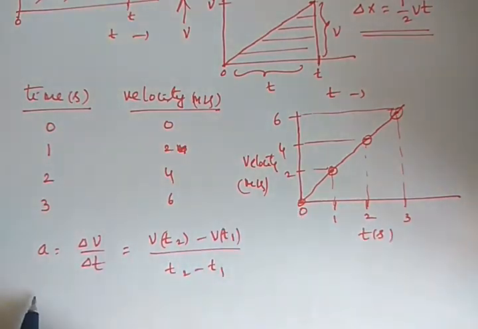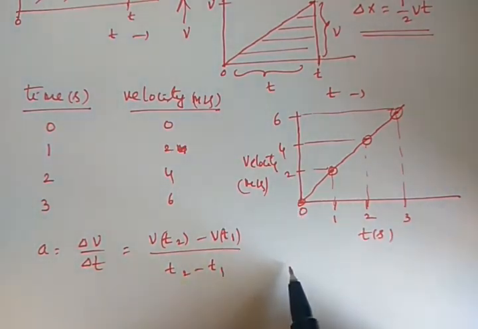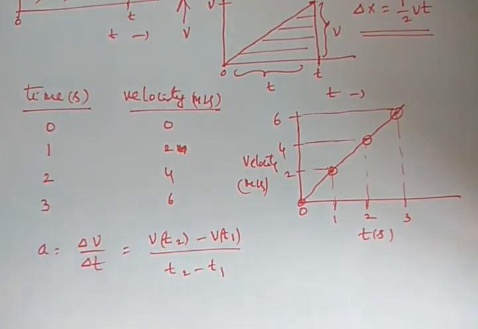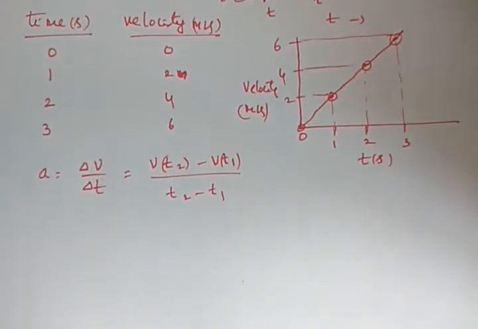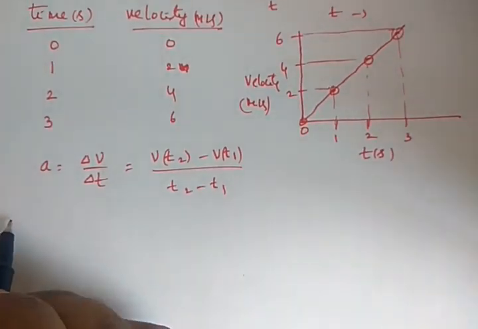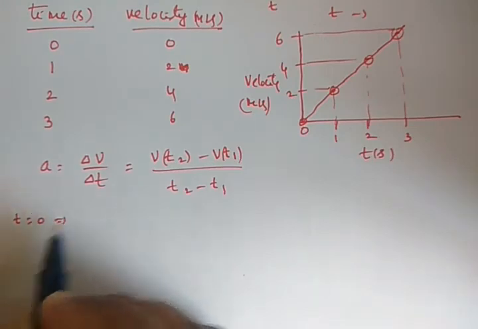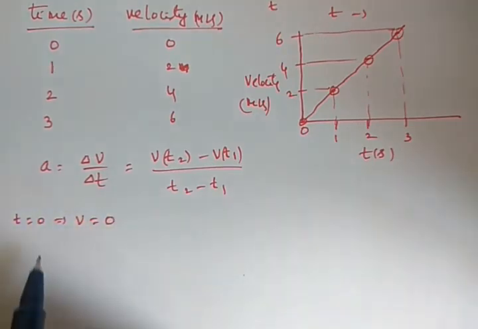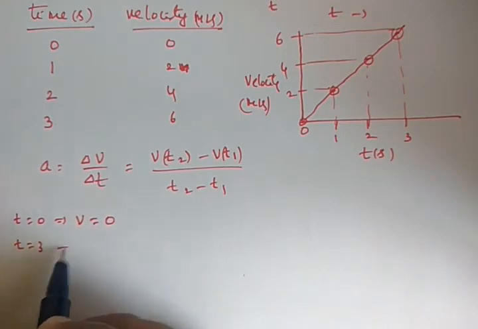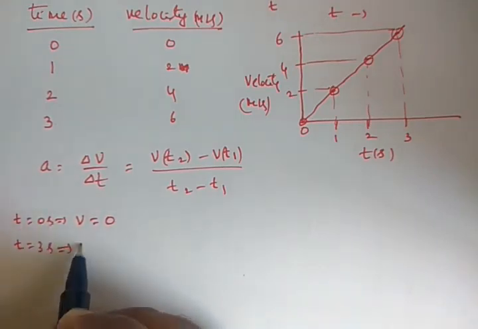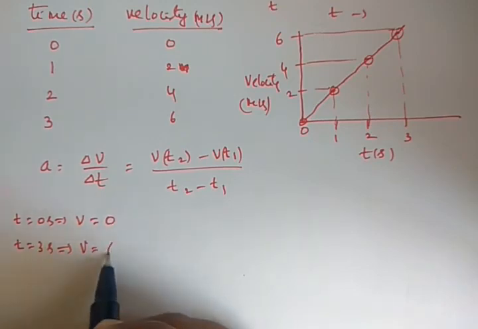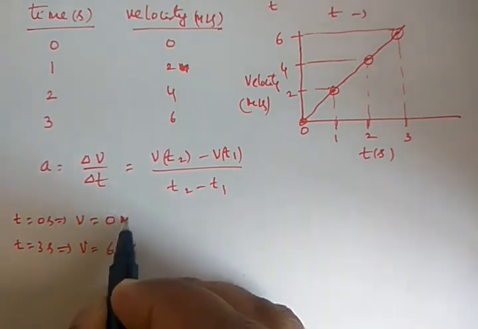So at t is 0, velocity is also 0. When t is, let us say, 3 seconds, velocity is 6 meter per second.